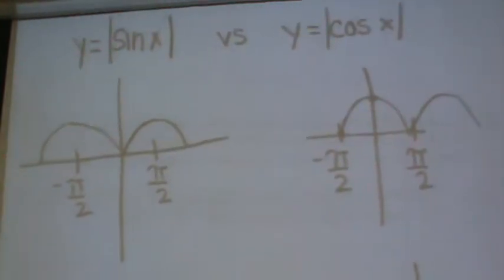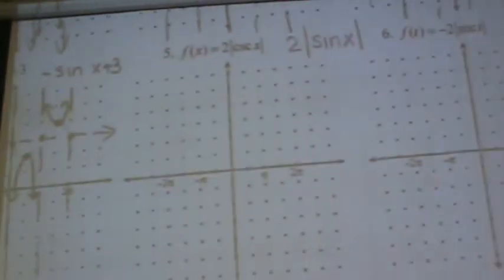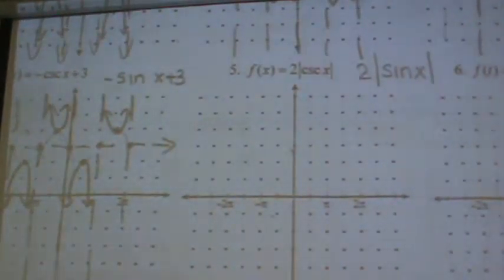How do you remember them? You could sit there and do a T-chart for all these, it'll take you forever. We did all that. We did the T-chart and why the numbers are the way they are. You're taking the absolute value.